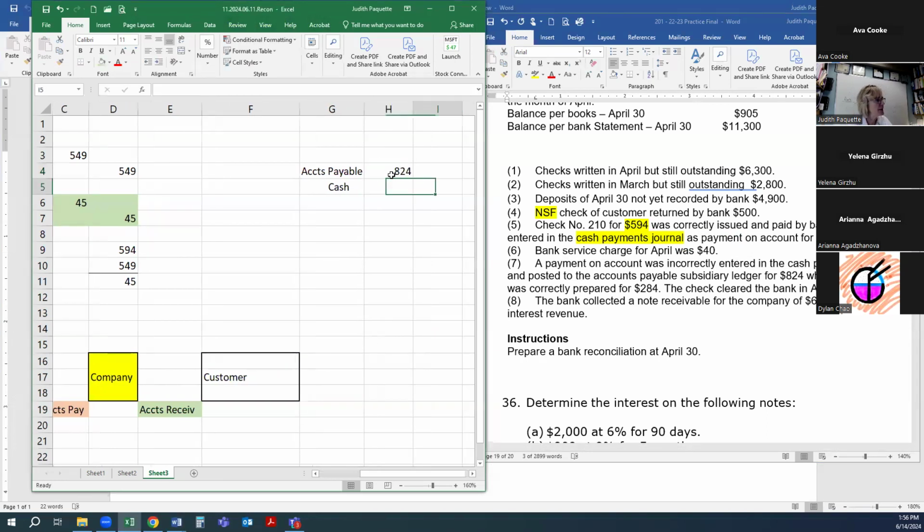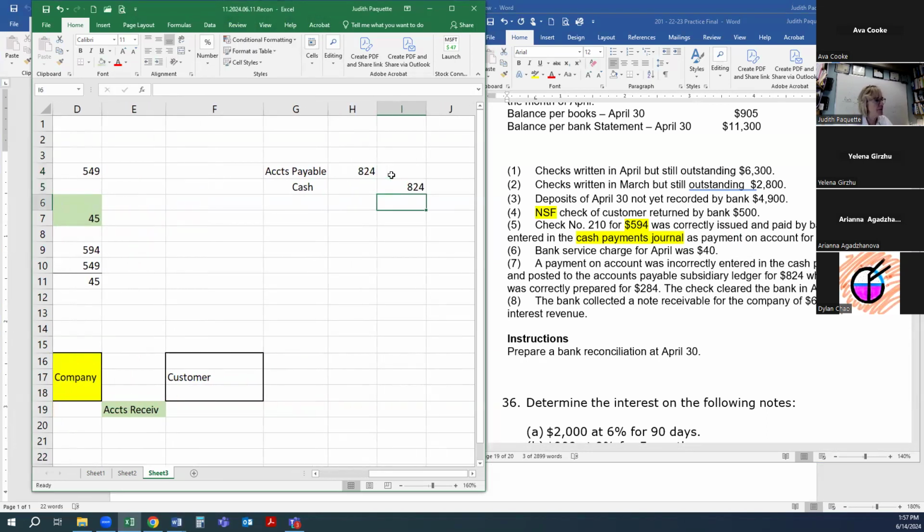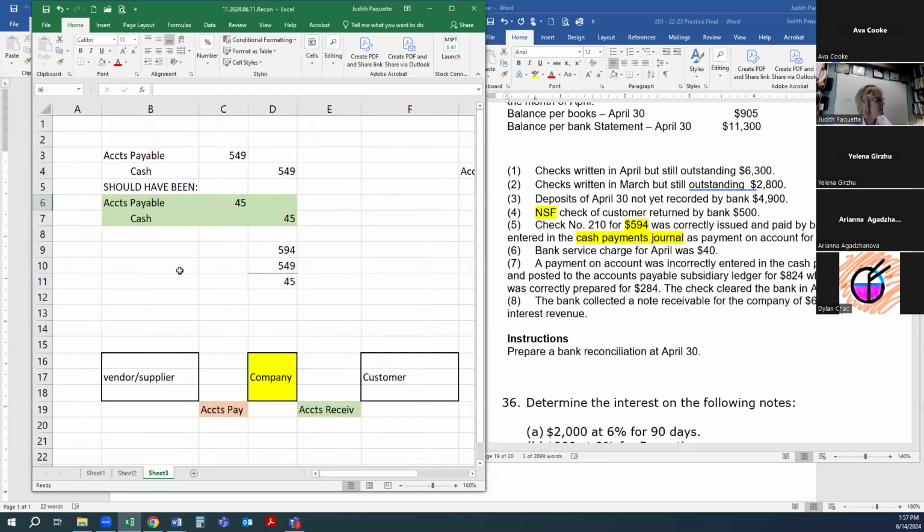So this is what they did. It should have been, now here we go, it should have been 280. Right? So let me just set this up.